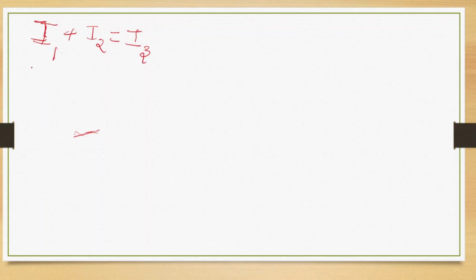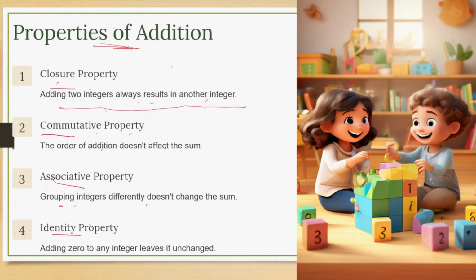That is, when we add an integer to another integer, the result again will be an integer. For example, if we add 2 plus 3, the result is what? Yes, 5. 2 is an integer, 3 is an integer, and 5 is also an integer. So addition satisfies the closure property.